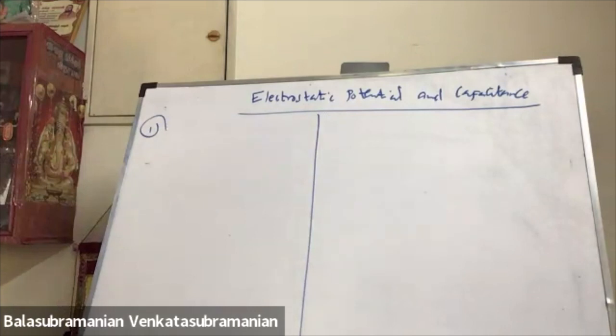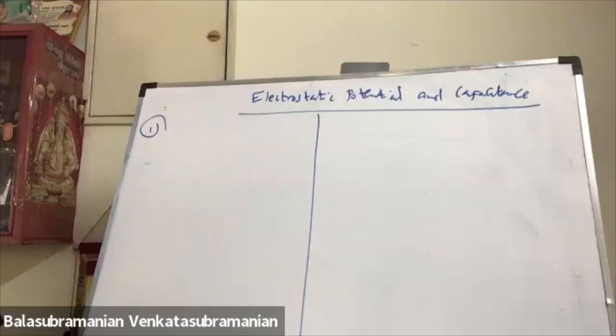Two charges, 5 into 10 power minus 8 coulomb and minus 3 into 10 power minus 8 coulomb, are located 16 centimeter apart. At what point on the line joining the two charges is the electric potential zero? Take the potential at infinity to be zero.